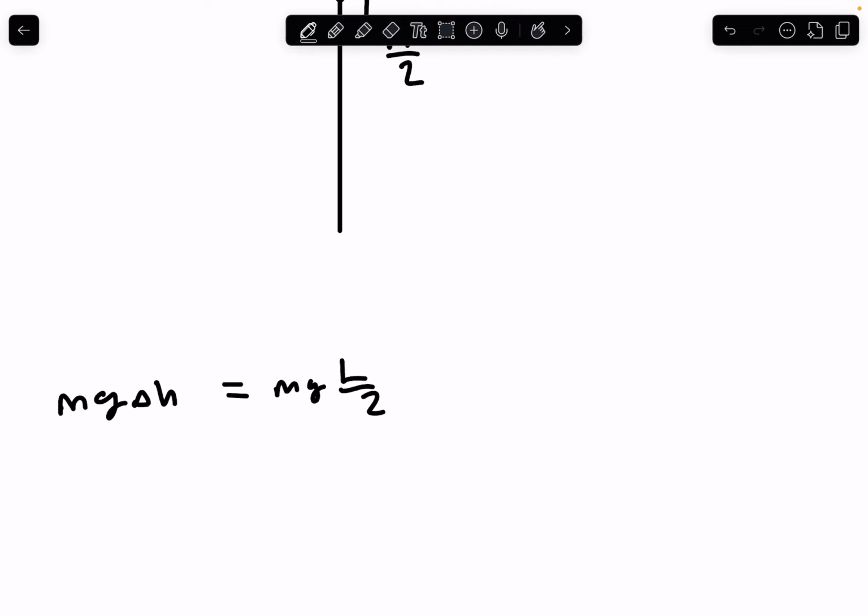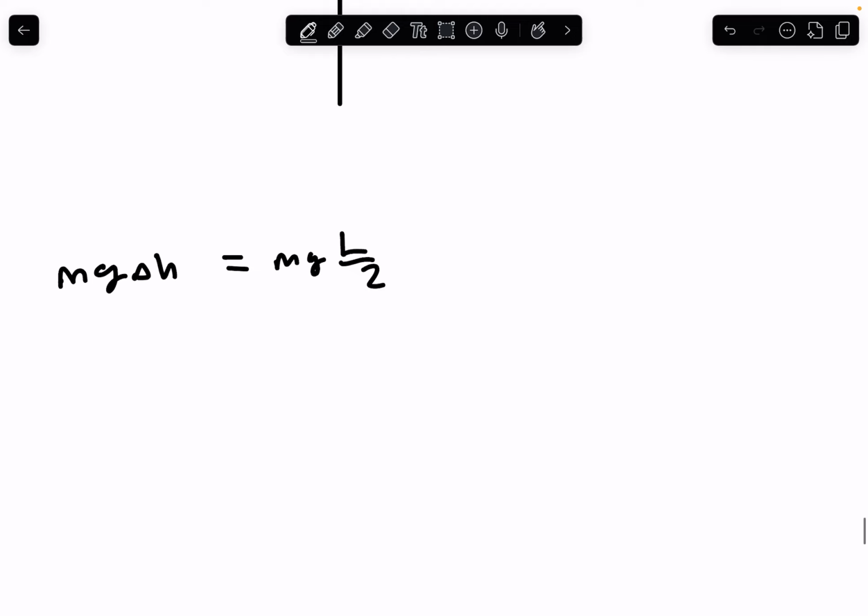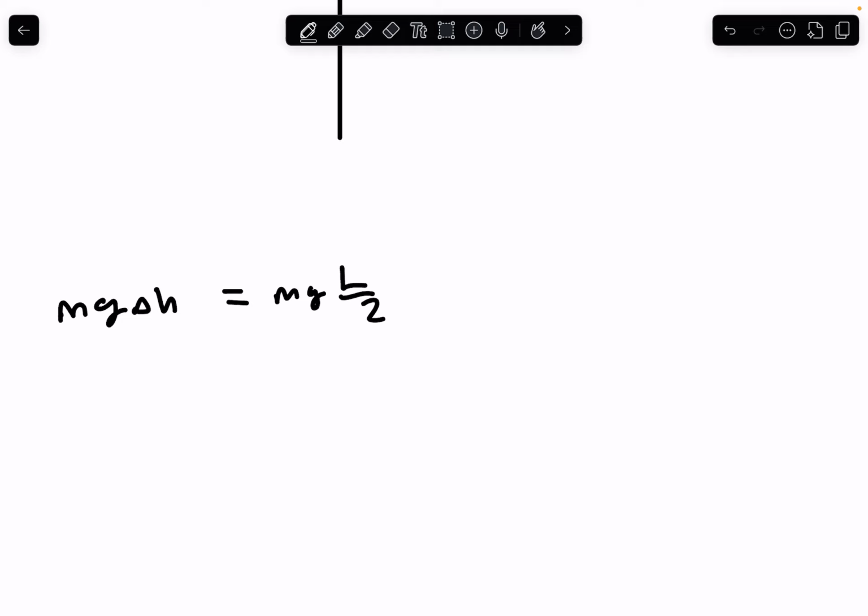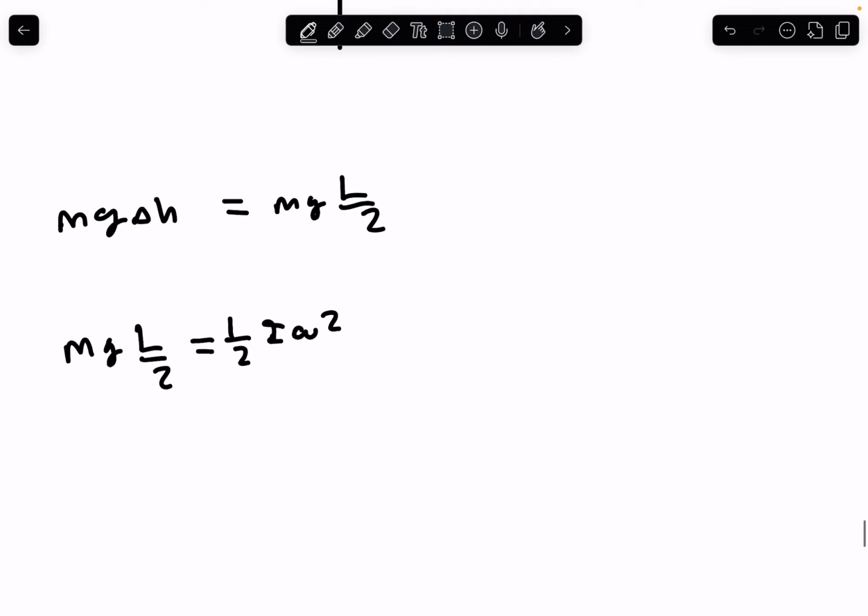Oh my god, this is a very bad question actually. So now, since there's no translational kinetic energy here, equate this to the equation for rotational kinetic energy and expand in terms of translational things. So mgL over 2 equals half I omega squared.